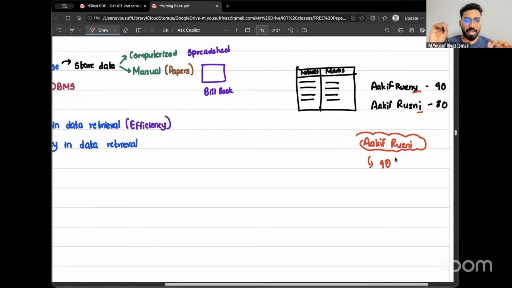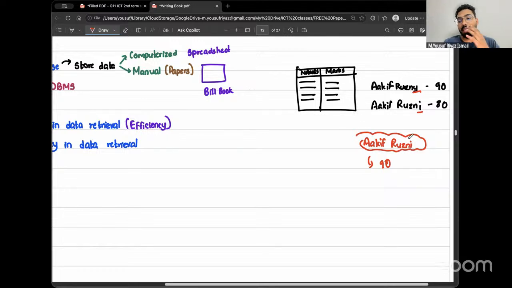I'm not saying it will definitely happen, but if you have a book and you go through row by row and find Akif's name and find his mark, as a human, is it possible for you to make a mistake? Yes. As a human, if you go row by row and find the names, you can make a mistake. But without going row by row, if you have a computer where you can type and filter the rows, spreadsheet software, you can type and filter the row.